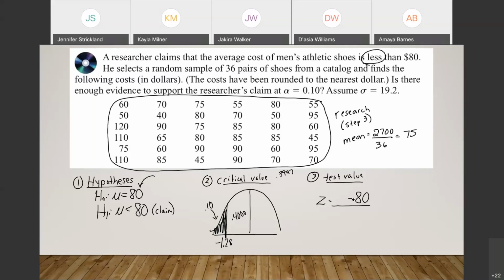The standard deviation is 19.2, divided by the square root of 36. Pop this in real quick. Negative 1.56 is what I get.